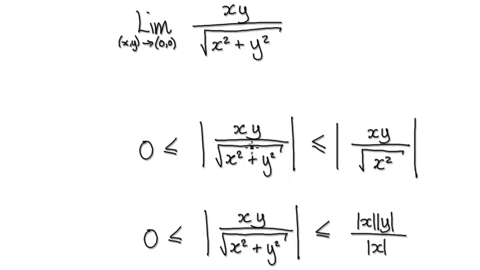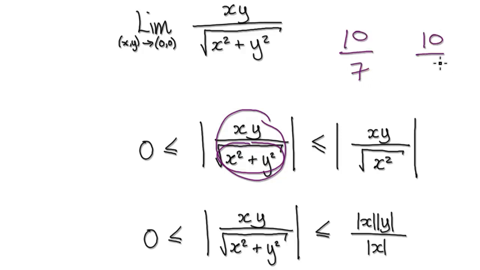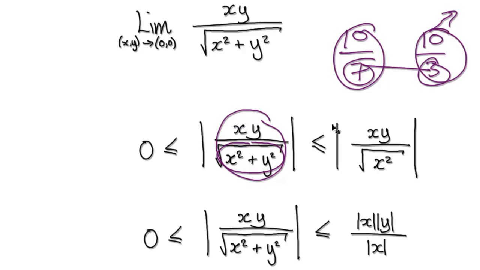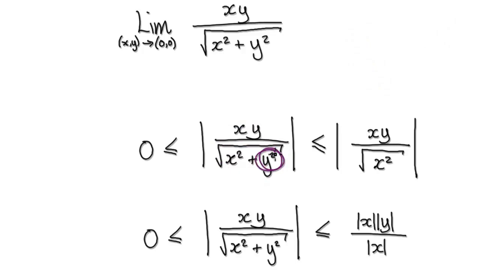If you're making the denominator smaller, then the overall fraction will be bigger. For example, 10 divided by 7, and then 10 divided by 3. Can you see this is smaller? So therefore this thing here will be bigger than this thing here. So concentrate on making the denominator smaller by removing this.